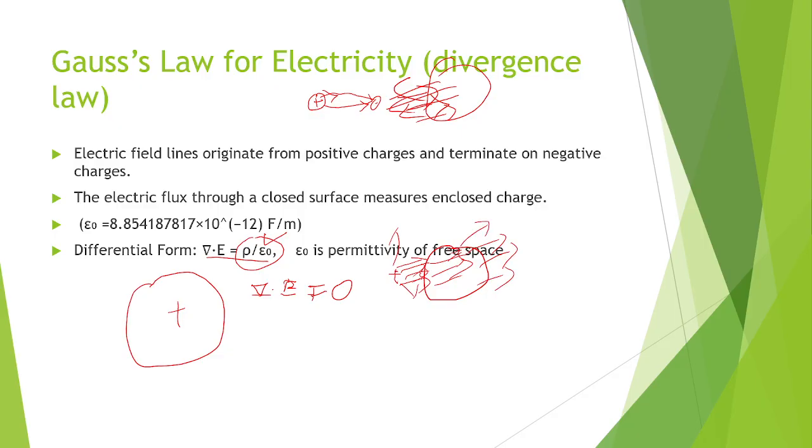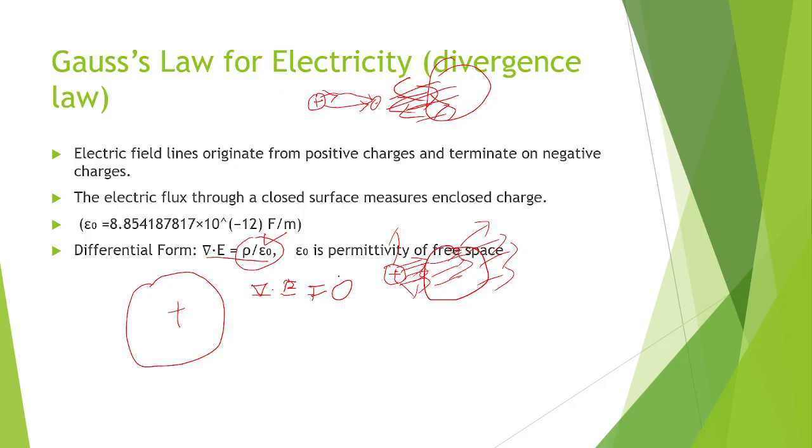If 10 lines enter inside the closed surface, 10 lines will leave it, so the net divergence of the field is zero. So outside the source, a closed surface or closed path has zero divergence for E.